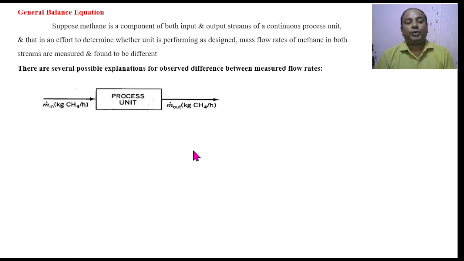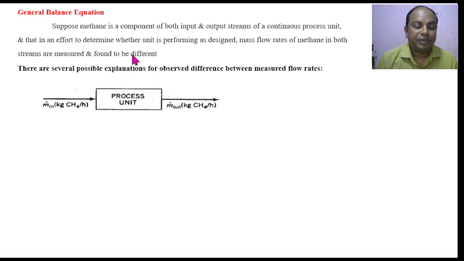Initially, just think of one process unit, and in this process unit, methane is entering as input, and similarly methane as an output is coming out of the system, that is, leaving the system. So this is one of the processes that is happening.